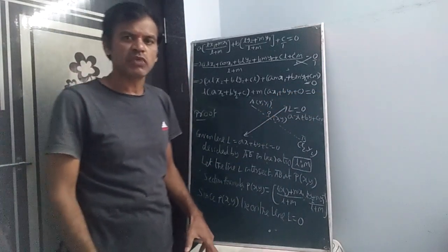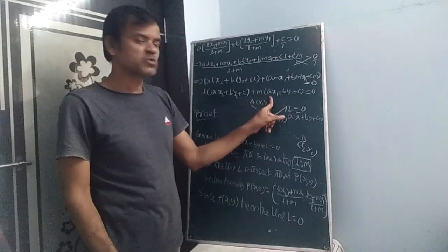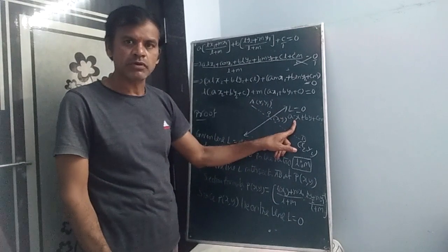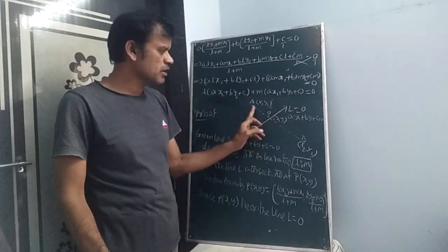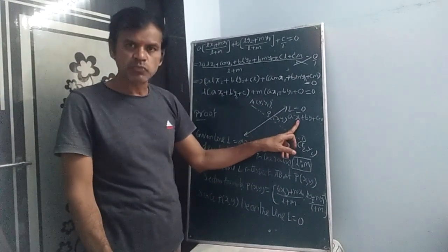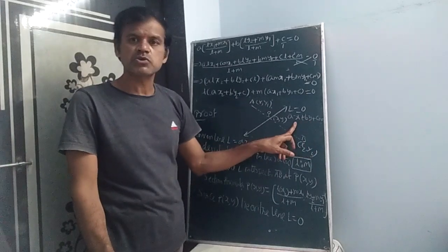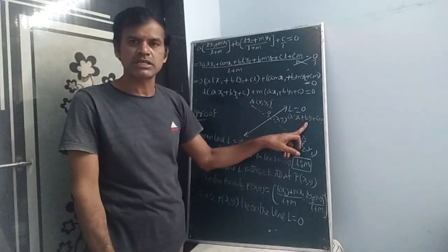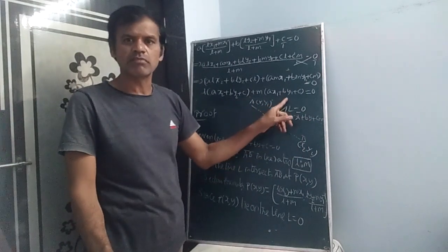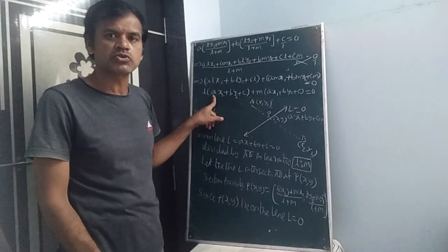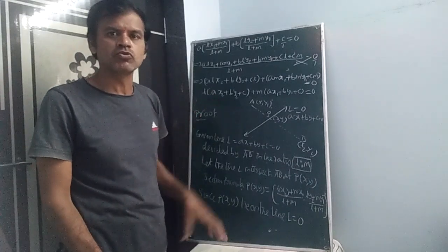Now you can understand one thing, that whenever the value Ax plus By plus C equals 0, if you are substituting x1 comma y1, instead of x you put x1 here, and instead of y you put y1 here, and C. Whenever you are substituting, Ax1 plus By1 plus C becomes L11 because we substituted 1 1. Now in the similar way, 2 2 we substituted, it can be represented as L22.